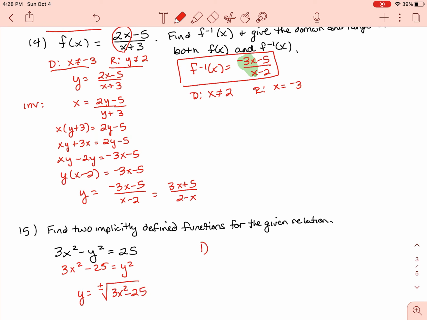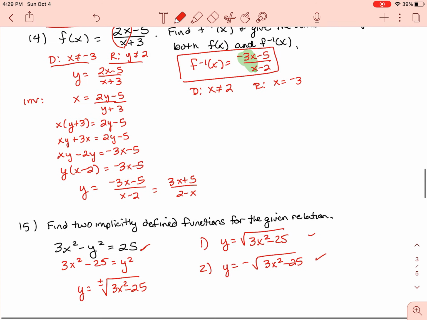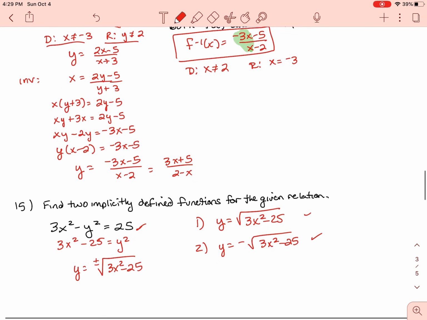So my two implicitly defined functions, the first one is going to be y equals a positive square root of 3x squared minus 25. The second one is going to be y equals a negative square root of 3x squared minus 25. So the original is not a function, and so we have to use two implicitly defined functions if we want to write it as a function. So there we have it.